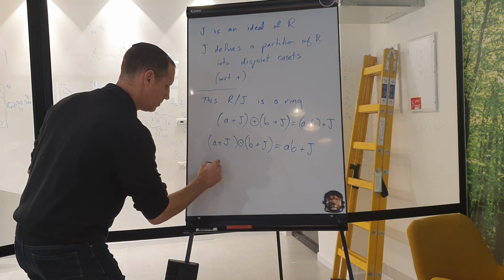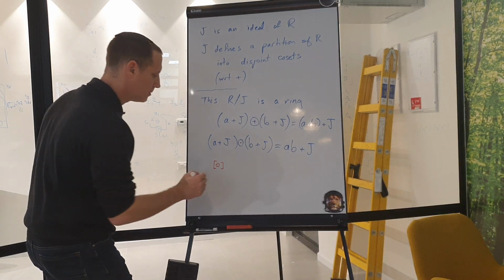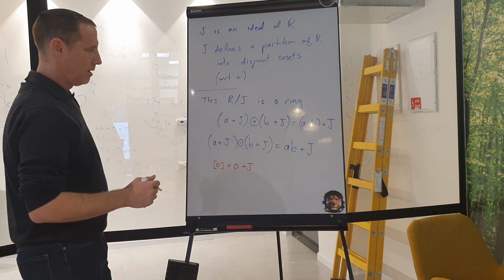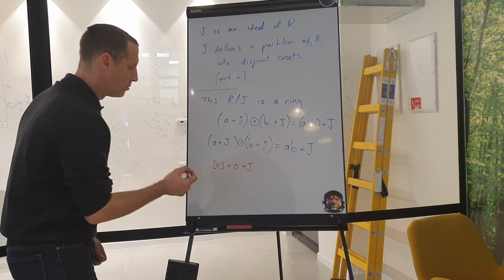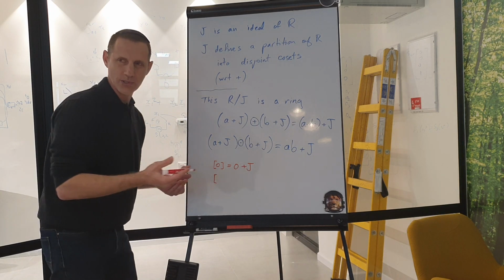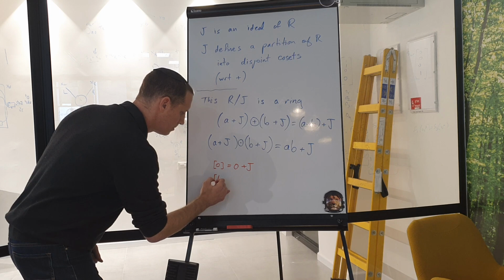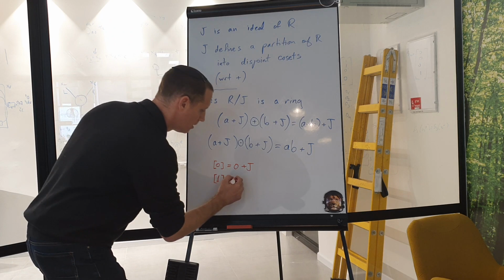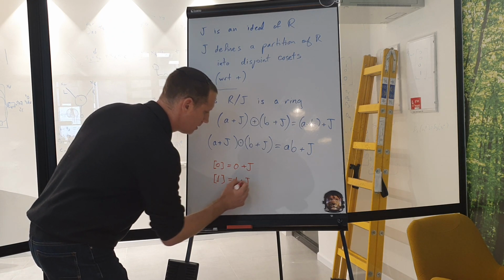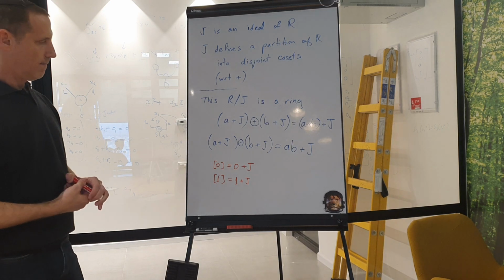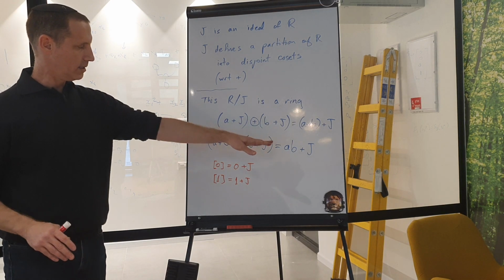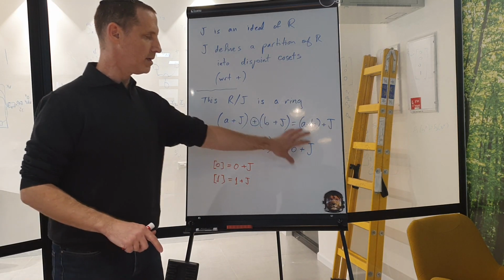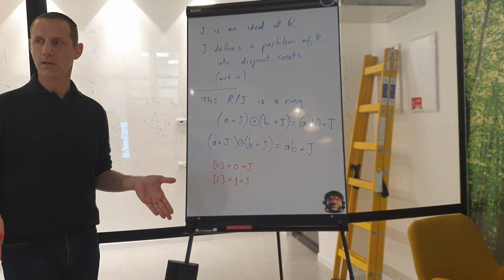So we would mark it like this, and this is what we did with groups as well: 0 plus J, or just J. And the identity for multiplication, we'll just use 1, we can mark it something else, but just imagine that 1 is not necessarily the number 1, it's the identity for multiplication, would be 1 plus J. Because if you go back to here and you see that if you take this and multiply it by something, it stays itself, so it's the identity.